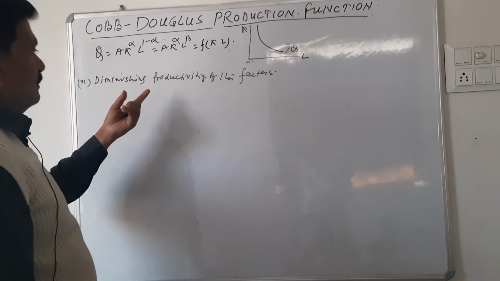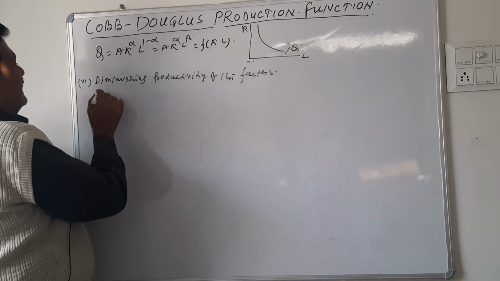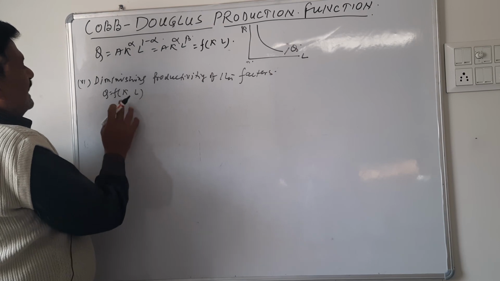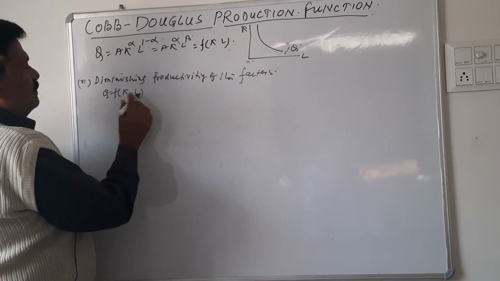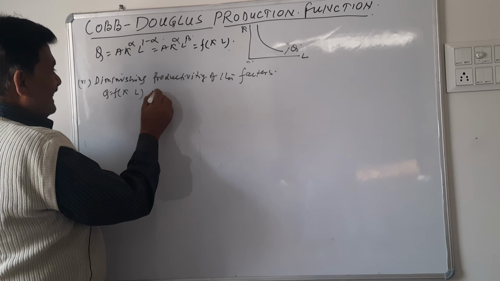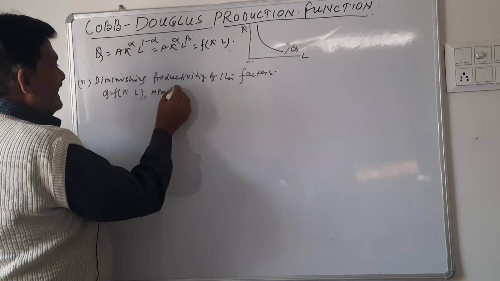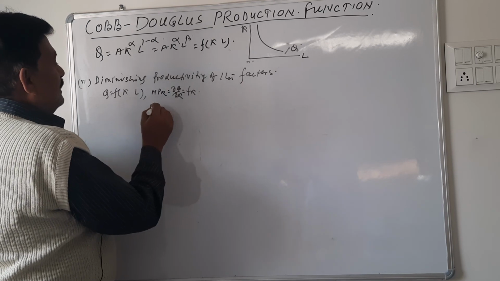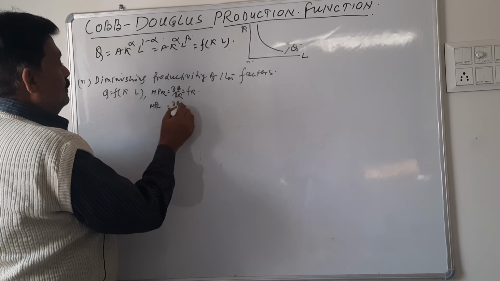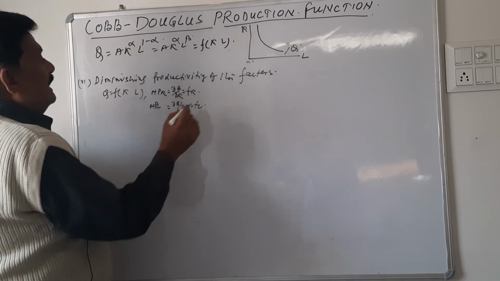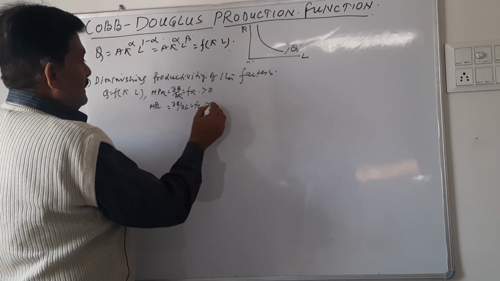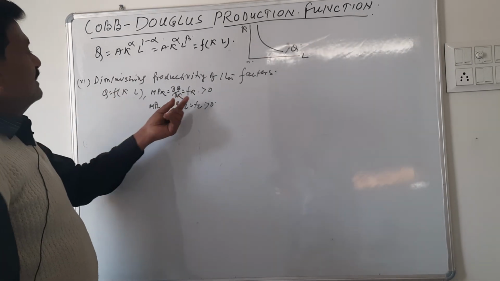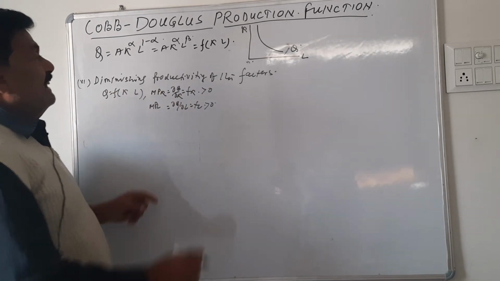Now the next property: if Q is a function of K and L, then the marginal products of these two factors are defined as MPK, delta Q by delta K, that is FK, and the marginal product of labor, delta Q by delta L, that is FL. These two are positive. Now we have to show that these two are diminishing in character.